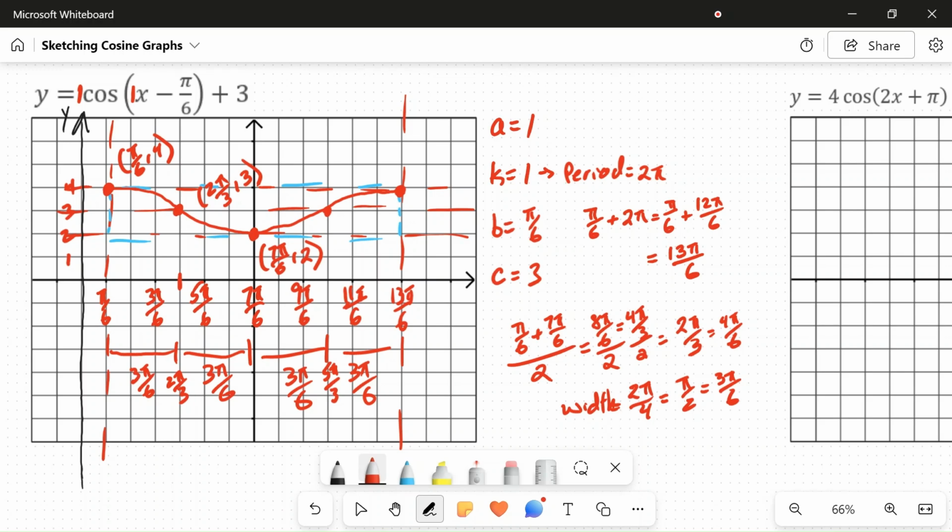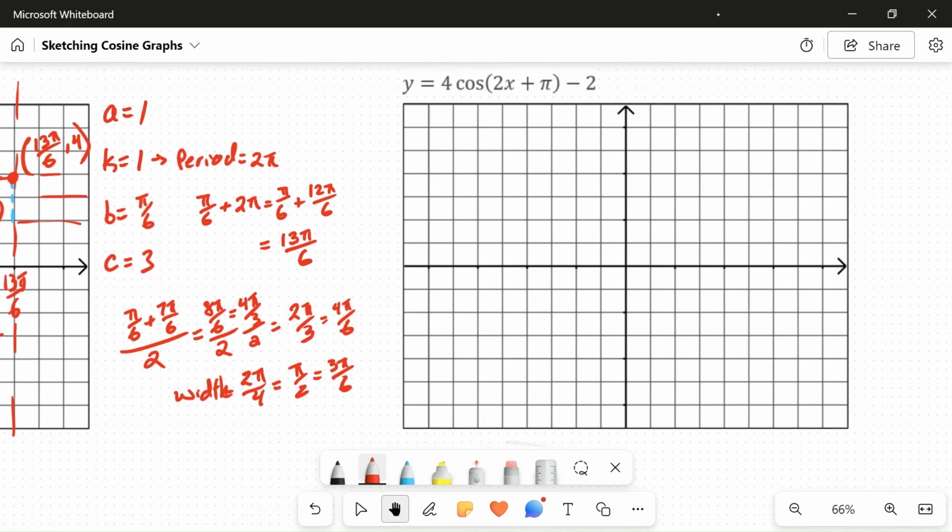It's going to hit the midline again at 5 pi over 3 and 3. Instead of writing 5 pi over 3, you could say 10 pi over 6. Same thing with the 2 pi over 3, you could say it's 4 pi over 6. And then our last point was 13 pi over 6 and 4 for the y coordinate. All right, so those are the 5 points that we're looking at: the 2 maxes, the minimum, and the 2 points at the midline.